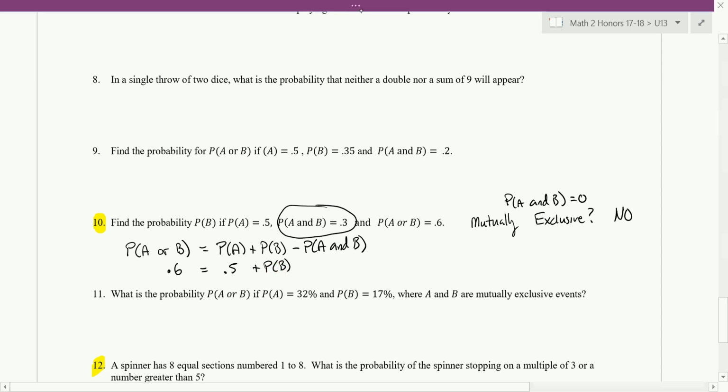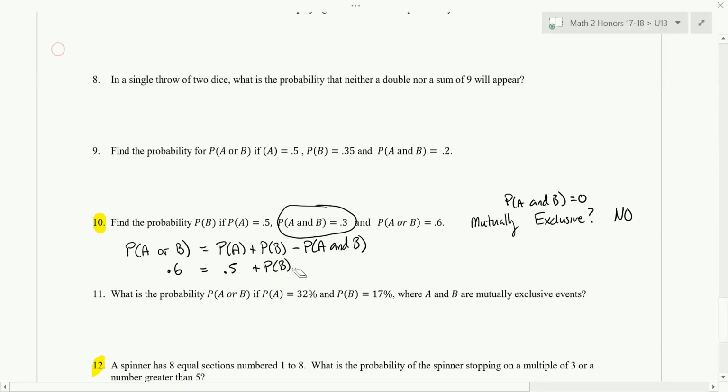If you feel more comfortable, you could even change that to X because we're just solving for a variable. Minus 0.3. Right? And see if we can find out what X is. And so 0.5 minus 0.3 is 0.2, so it's 0.6 equals 0.2 plus X. What's X going to be? Equals 0.4. And remember, X represented our probability, so we'll finish this by saying the probability of B is 0.4.